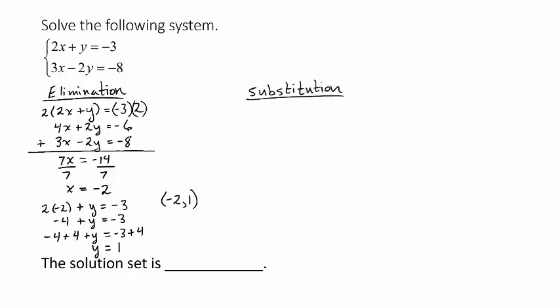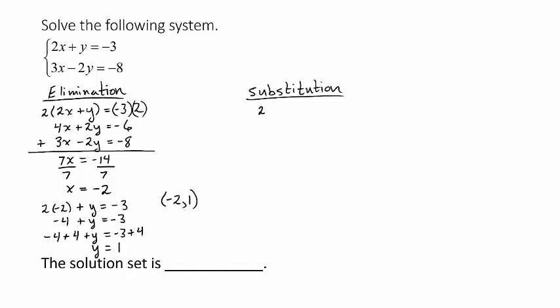Okay, so with the substitution method, the idea is to take one of these equations and solve it for a variable, and then stick what you know about that into the other equation. So, for example, between these two equations that we started with, I would solve the first equation for y, because it doesn't have any leading coefficient on it, so the arithmetic there will be very, very easy.